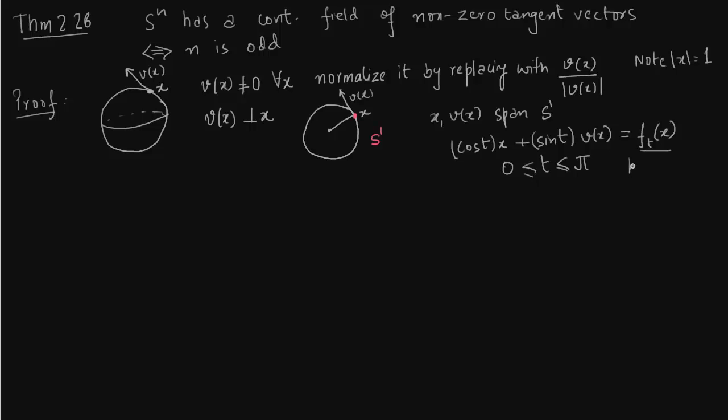Then you change sign again. So we change the sign of the second coordinate. Then we change sign the third time. So we have done 3 reflections for S2. So for n, we have to do n plus 1 reflections.